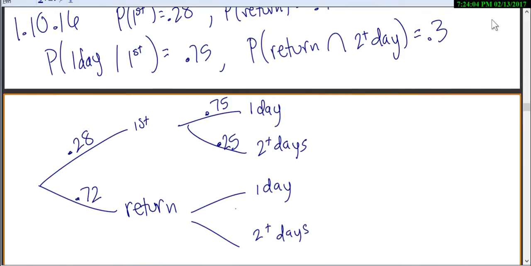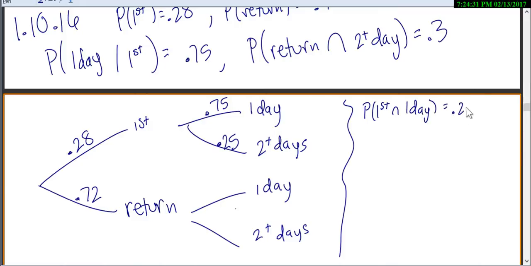Okay, but what about this 0.3? That's what makes this problem difficult. Notice that was for the probability of the intersection. Where do the intersections go on these tree diagrams? The intersections always go over here to the side where you multiply. So we can find the probability of first and 1 day by multiplying along those branches.